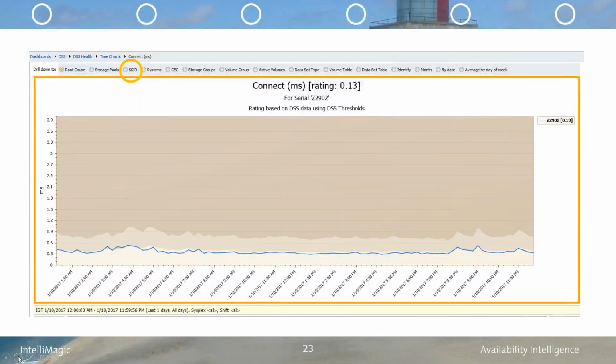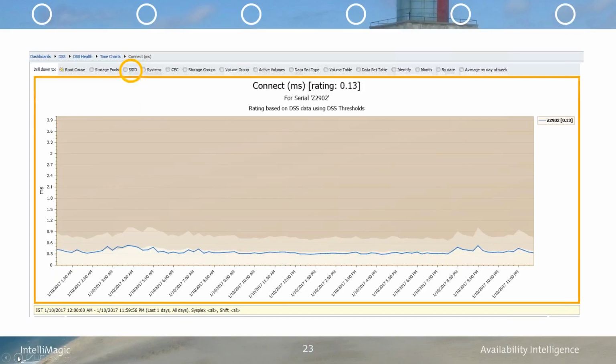Just by clicking on that chart in the multi-chart, you bring up a full-size chart of the connect time. It's interesting to look at here because you see there's a yellow border, and you see that rating of 0.13. You'll notice that the metric is flitting back and forth between the light gray area and the white or beige area below it.